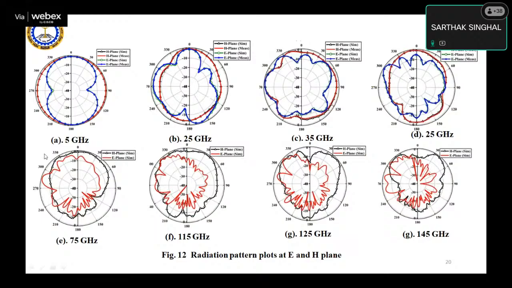But as the frequency kept on increasing, the radiation patterns started getting distorted. The H plane patterns are nearly omnidirectional, but the E plane patterns are getting significantly distorted.